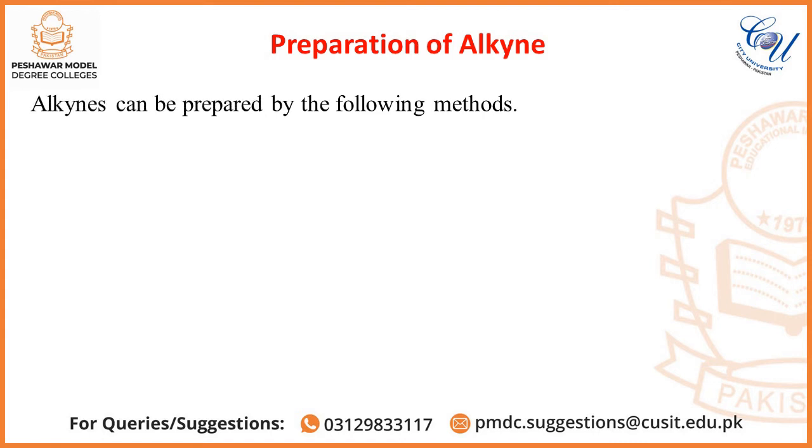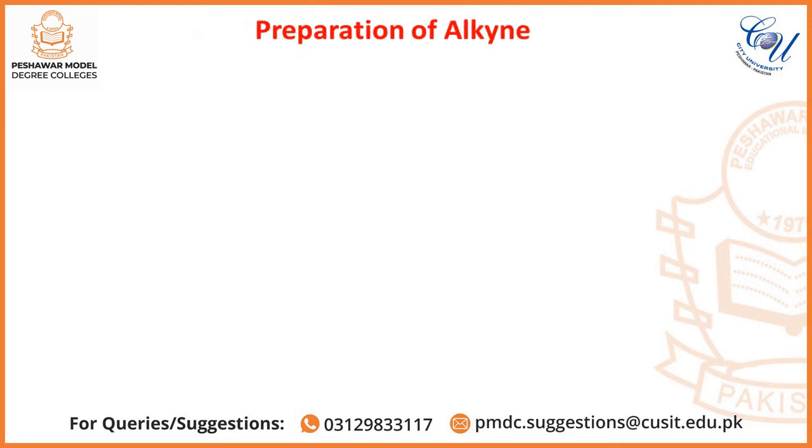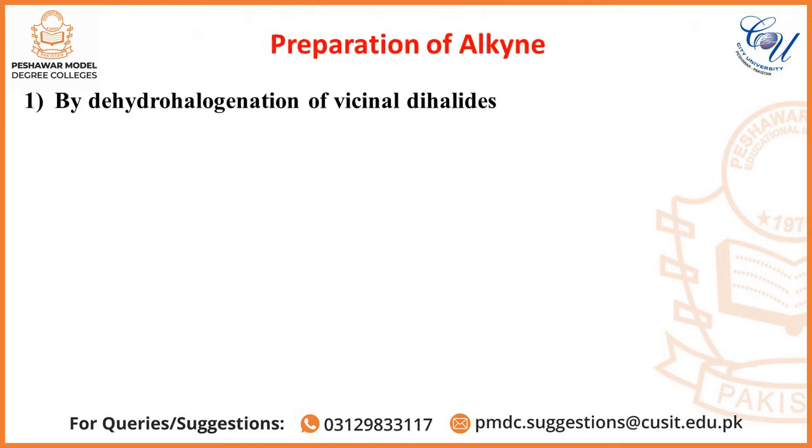Following are the methods that can be used to prepare alkyne. Number first, by dehydrohalogenation of vicinal dihalides. Number second, by dehalogenation of tetrahalide. Coming toward the first method, that is dehydrohalogenation of vicinal dihalide.